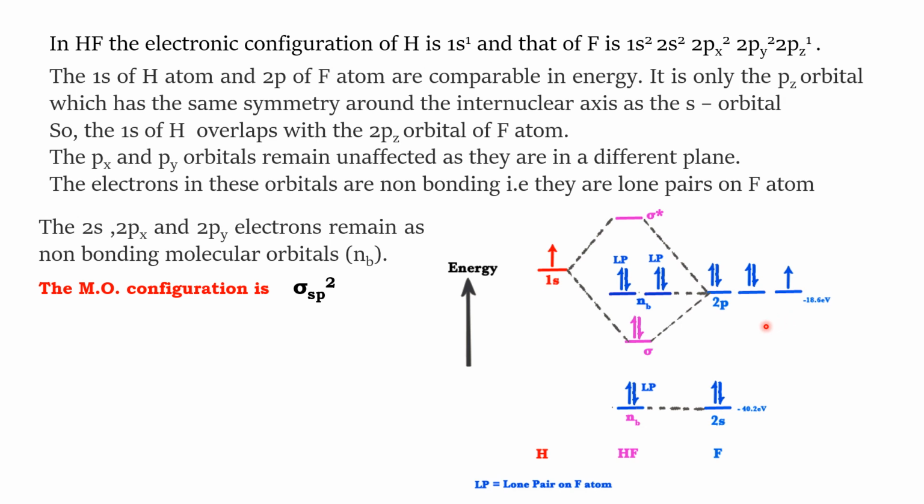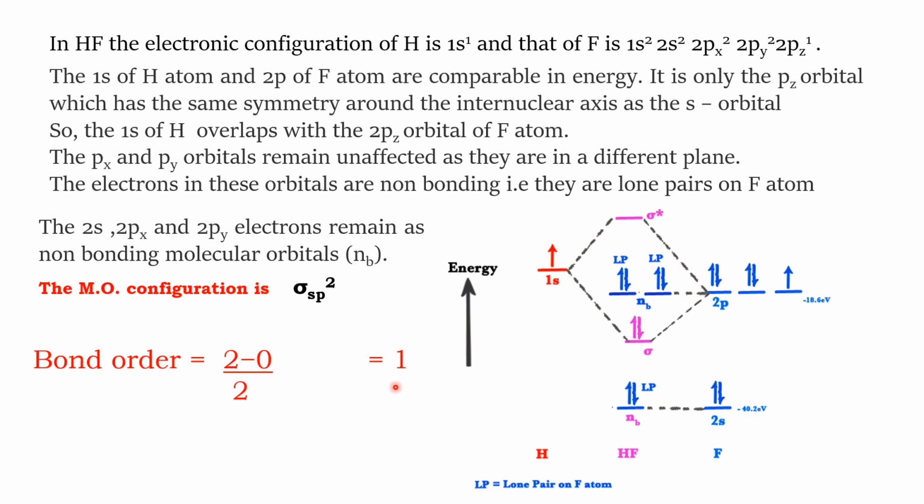So now total 2 electrons are there: the 1s electron of hydrogen and the 2pz electron of fluorine. They enter into the sigma sp orbital. So the molecular orbital configuration is sigma sp2. All the other orbitals remain unhybridized, non-bonding molecular orbitals. Hence, the bond order will be 2 minus 0 by 2, which is equal to 1.